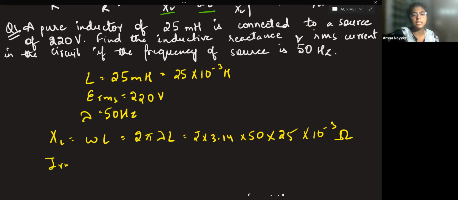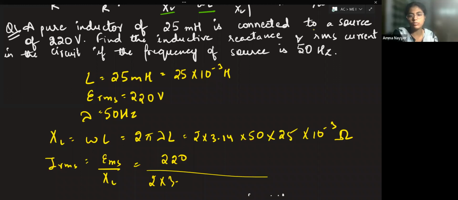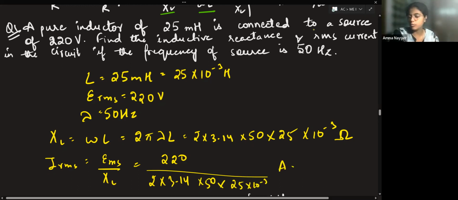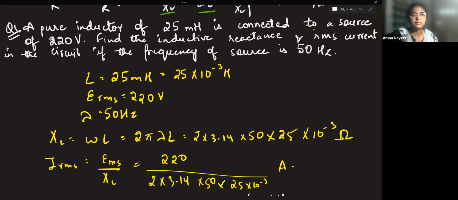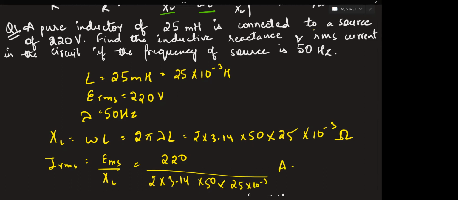IRMS will be simply ERMS divided by XL. So ERMS is 220 and XL is 2 into 3.14 into 50 into 25 into 10 to the power minus 3, solve what you're obtaining. This much of amps. Fine. Note it down. One more question we'll do, then we'll move on to LCR circuits.